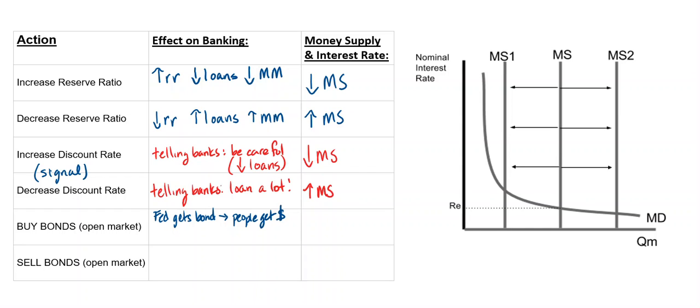In this case, the Fed is legitimately just pumping money into the economy. What do people do with their money? This is an increase in the amount of money in the banking system. And by increasing the amount of money in the banking system, we are increasing the money supply.